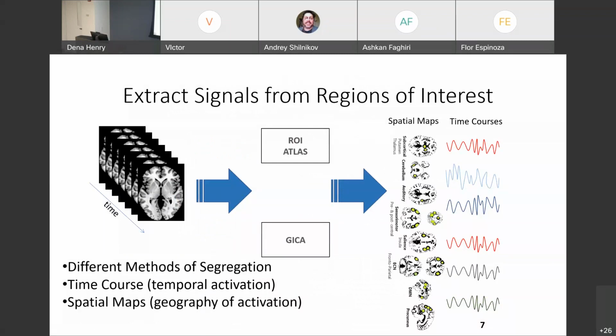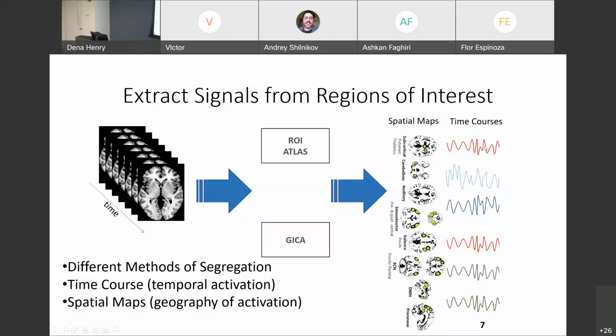In TReNDS, we prefer to use blind source separation, and our preferred algorithm is group ICA, which is integrated in our software and allows us to find the regions of interest of most importance for certain brain illnesses. At the end, all we have is a brain location and how that brain location changes with time. So we have a brain location and a time course telling us the changes in activation.